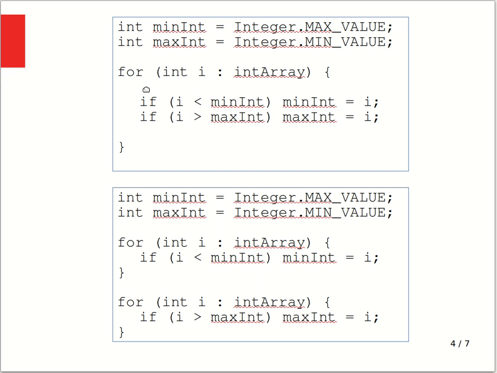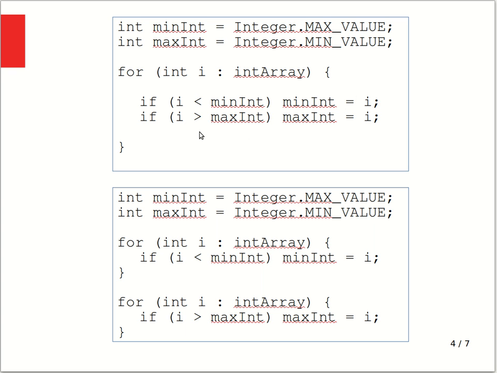So inside of this for loop, we are doing two pieces of work, right? Two if statements. If i is smaller than this min int, then min int is assigned the value of i, right?